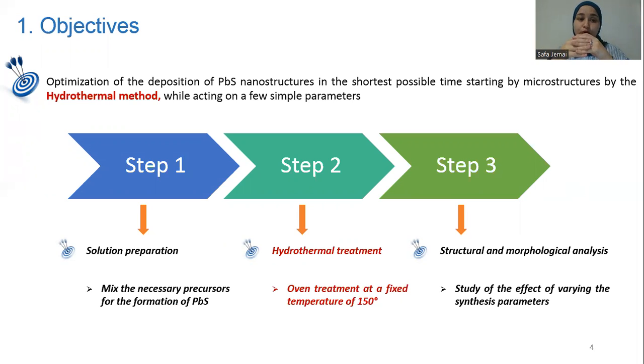The first step consists of the solution preparation by mixing the necessary precursors for the formation of PbS. Step 2 is the hydrothermal treatment in an oven at a fixed temperature of 150 degrees. And the final step is the study of the effect of varying synthesis parameters on the structural and morphological properties of PbS.